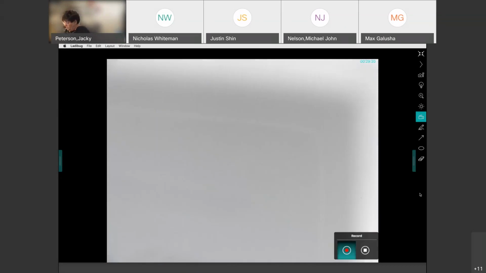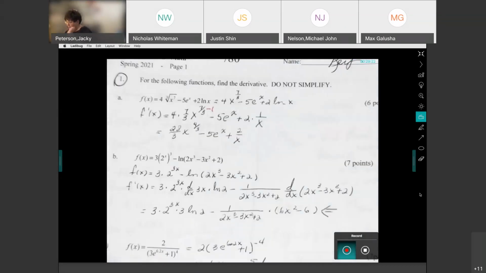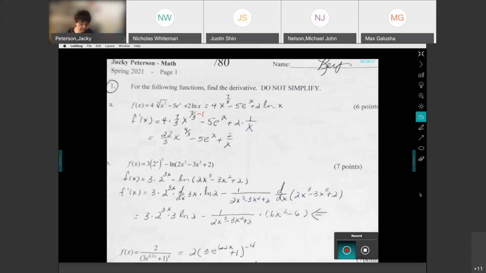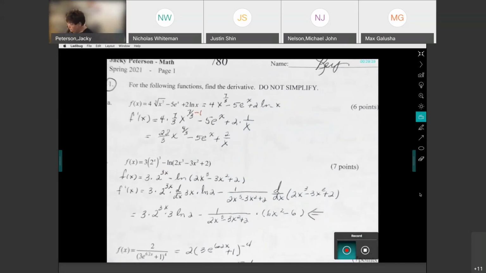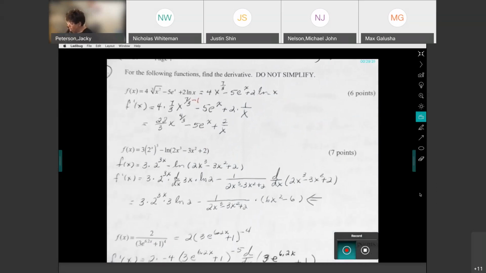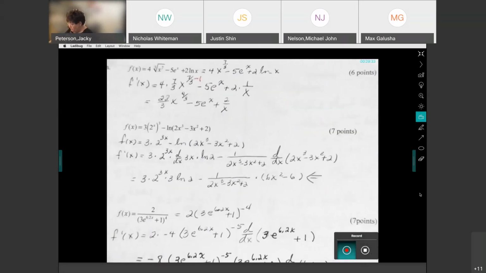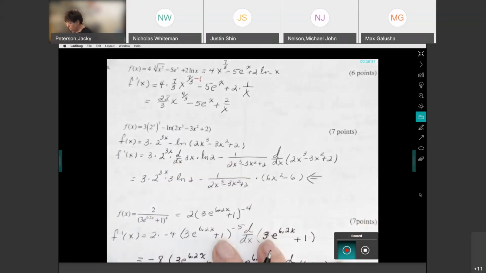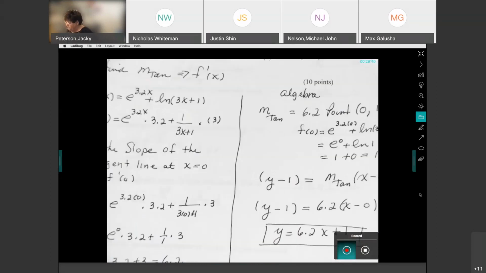Yeah, this is actually the key to the chapter 4 test. And on this test, problem number 1, these are all the derivatives that incorporate the natural log and e. So of course, 1 all.